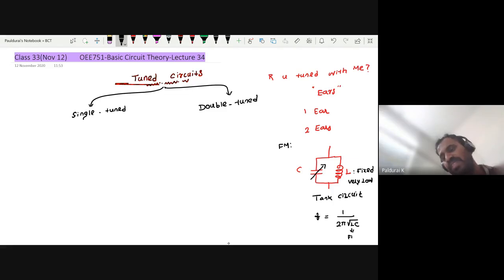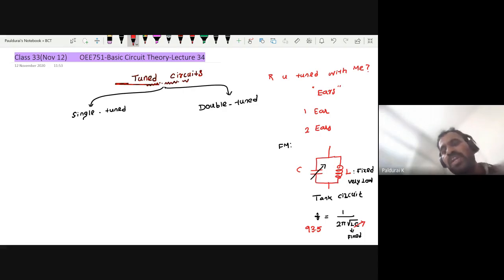By changing C, it may be 93.5 for Suryan FM, 98.3 for Mirchi. So this tuned circuit finds application in FM.